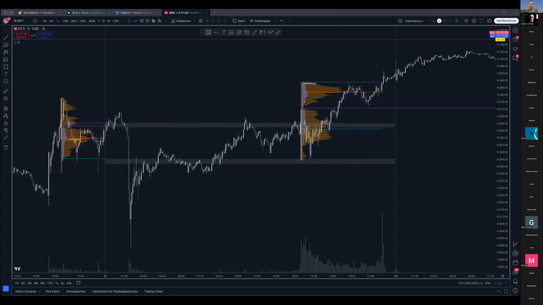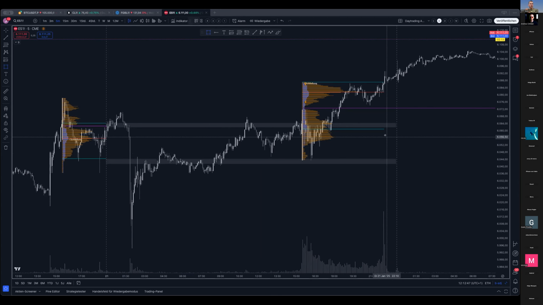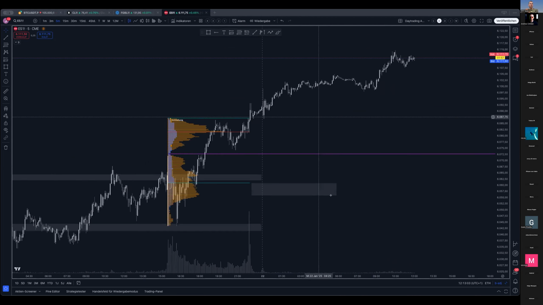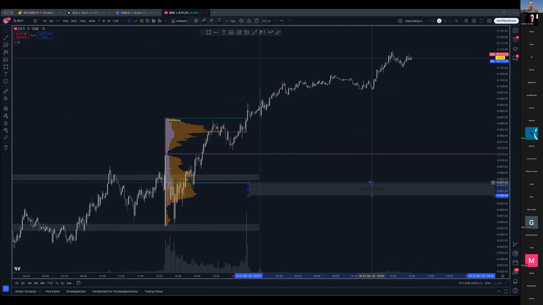So when we create a business zone for the day-to-day, it is a weak one because, as I already said, we extend the value area to the outside: on the value area low to the downside and on the value area high to the upside. In this case, I would hide it behind this mountain. And then we have the business zone for today.